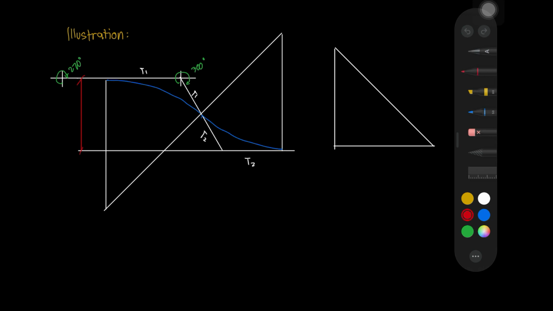From the problem, our offset or the perpendicular distance is 30 meters. This one here is our radius, R1, and we are given 175 meters for R1.